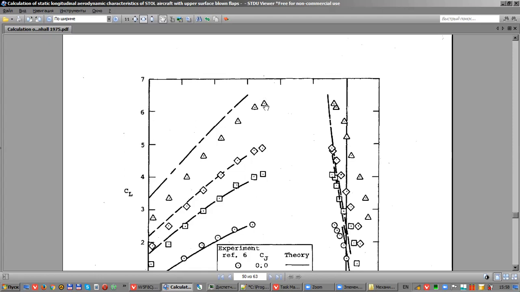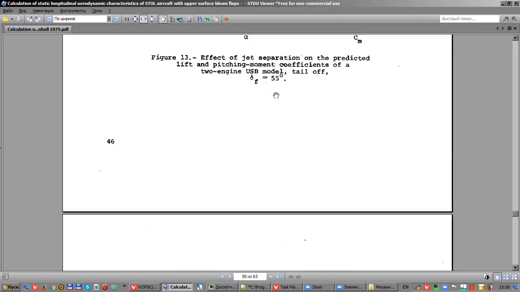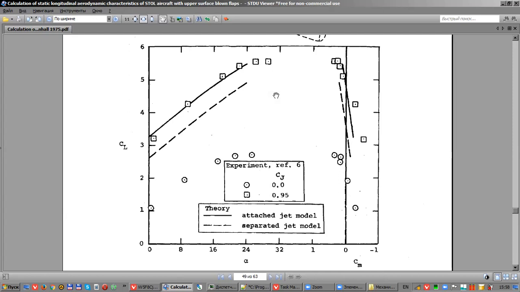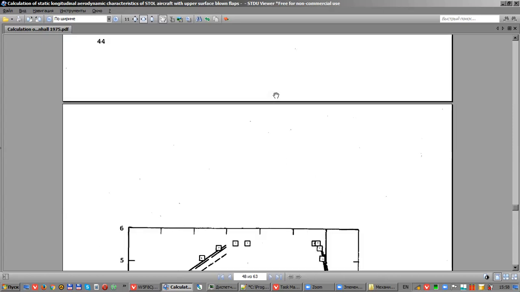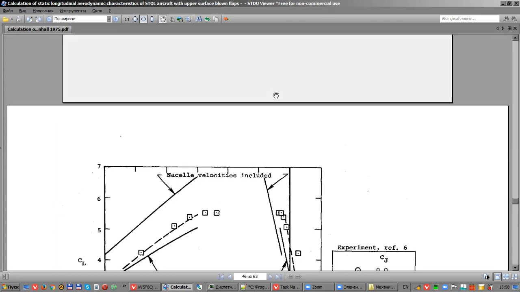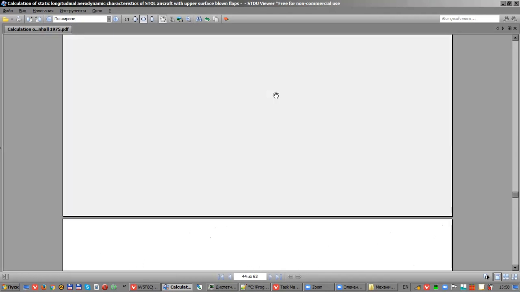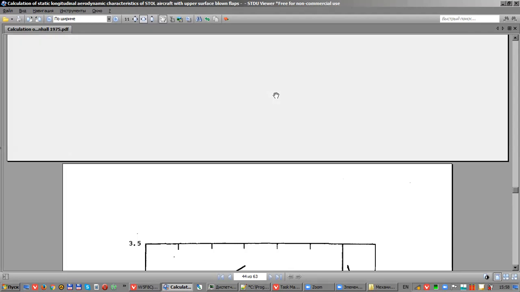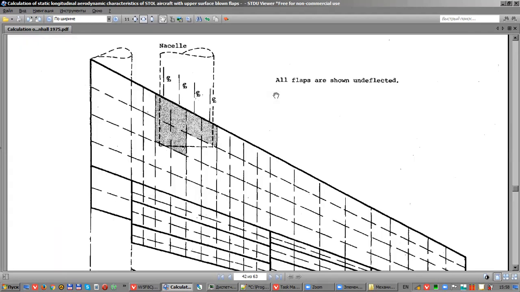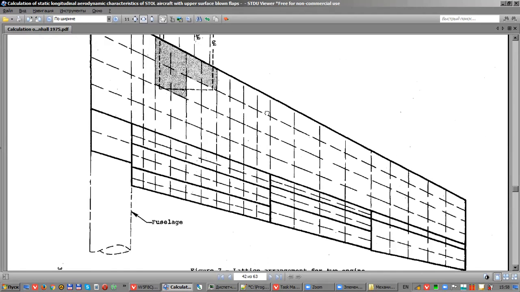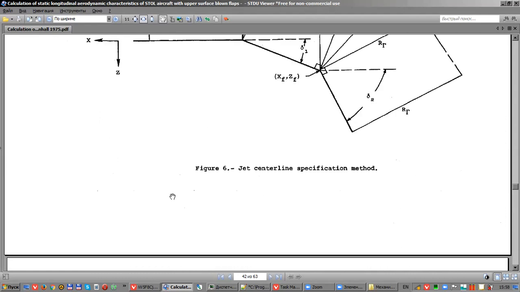in this case. And maybe we need a sketch of this model, how it was designed, what configuration they used. Maybe this is about the same aircraft from NASA. Yes, we see the wing, we see 2 different parts of flaps, inner flaps and outer flaps, and this is for the engine.